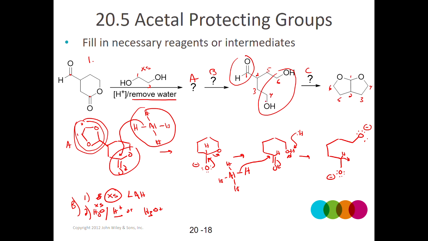I just want these two oxygens to both connect here at carbon 1. And so the oxygen that's connected to carbon 4, it needs to swing around and connect to carbon 1. And the oxygen that's bonded to carbon 6, same thing, it needs to swing around and bond to carbon 1.